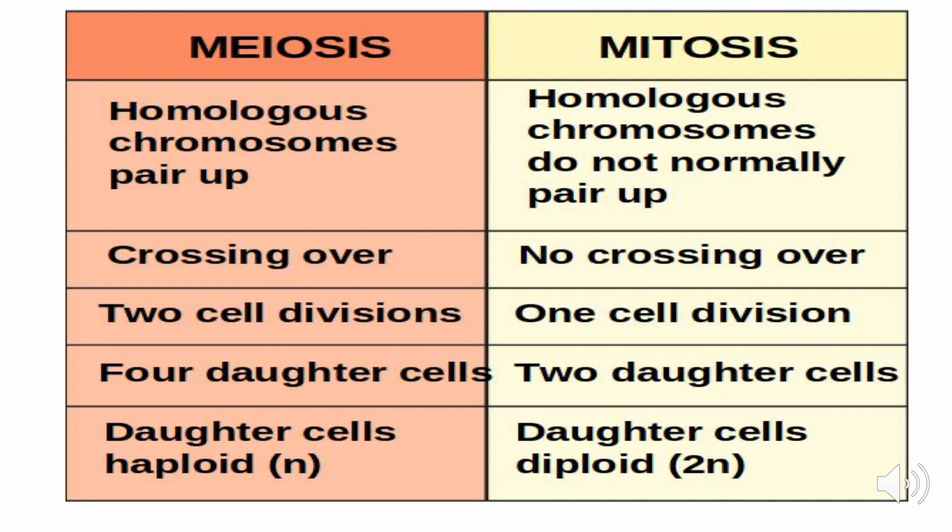We will now highlight the differences between meiosis and mitosis. Homologous chromosomes pair up in meiosis because they are bound by the synaptonemal complex formed during the zygotene stage of prophase I, while chromosomes do not pair up in mitosis. That's why they can be arranged in single file arrangement in metaphase.